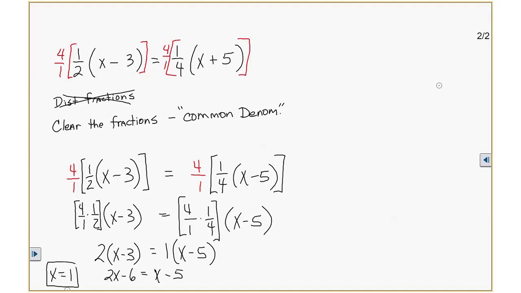And that's how you clear fractions. Unless you like whips and chains, then go ahead and distribute the 1/4. And then instead of 2 fractions, you've got 4 fractions. Kind of like scratching poison oak and getting more poison oak.